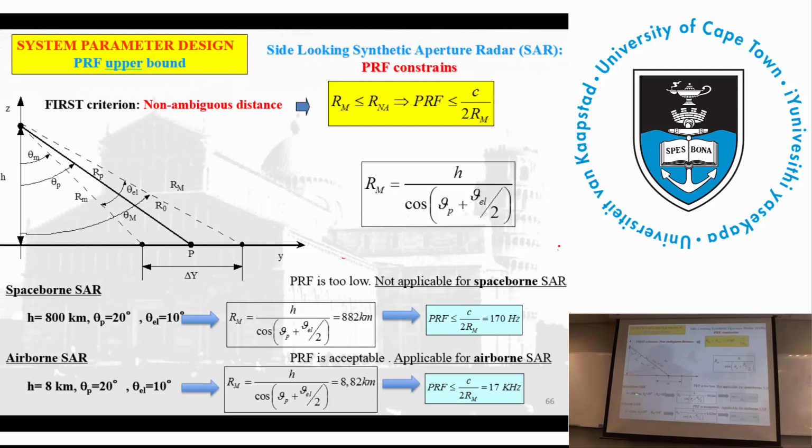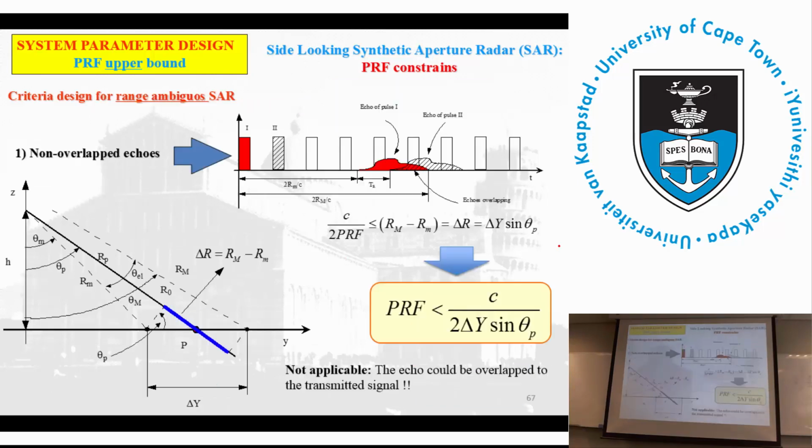So how are we going to do this? Spaceborne SAR exists and works, so there must be a way of doing this. Well, it's interesting to notice that for spaceborne SAR, it is true that you get your final, latest echo down here. But it's also true that the first echo that you receive is very close to there.